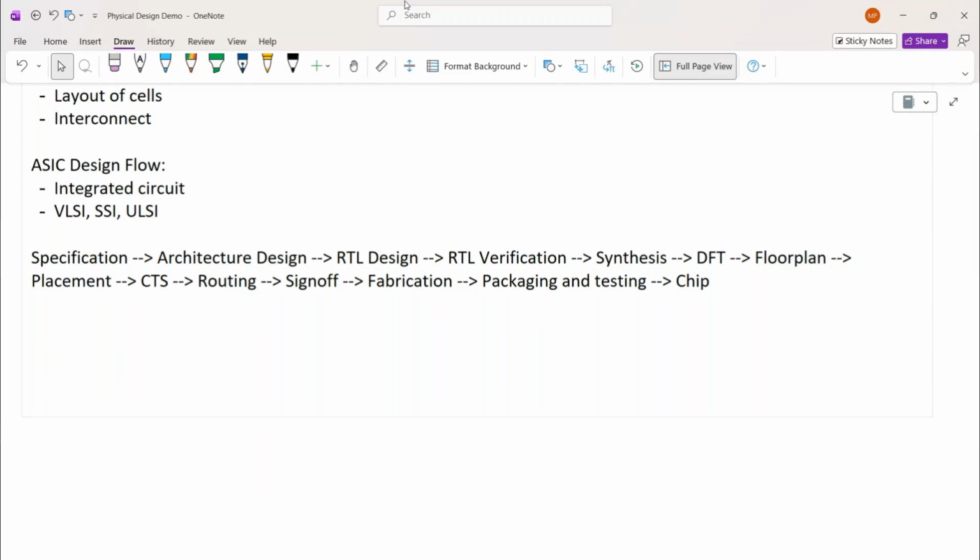Now, where do we fall in between all these? We are the ones who are working from here: synthesis, DFT, and then floor plan, placement, CTS, routing, sign off.